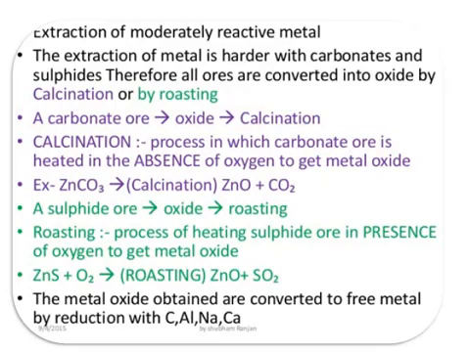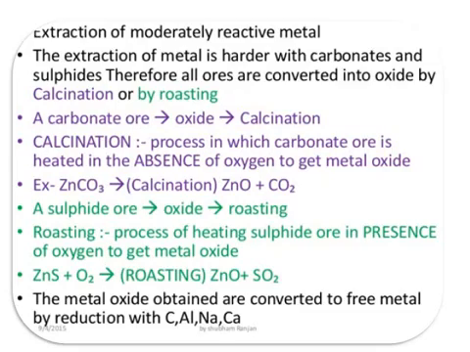Example, zinc carbonate ZnCO3, when heated, decomposes to give ZnO plus CO2. So the zinc carbonate ore is converted into zinc oxide ore, and since it is a carbonate ore, this process of converting carbonate into oxide ore is called calcination.